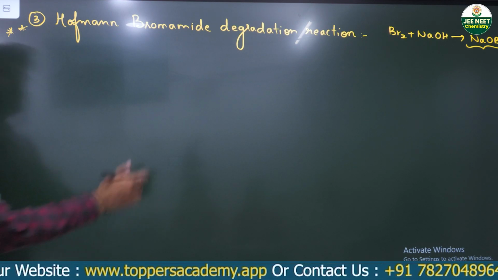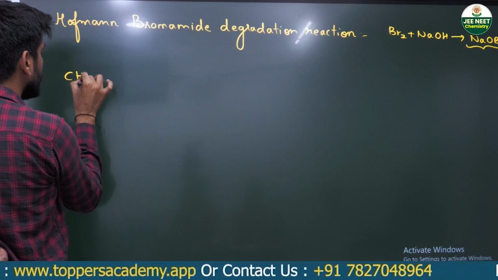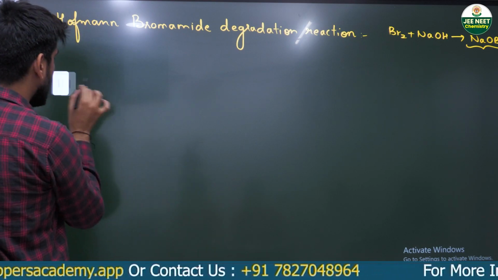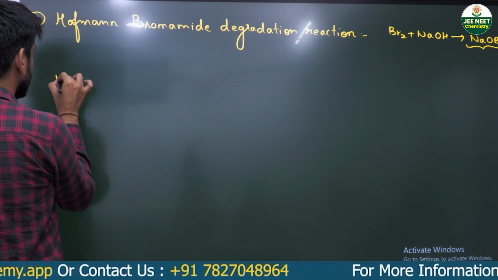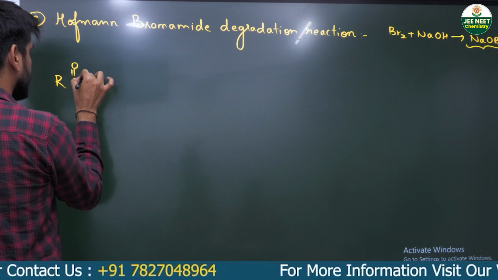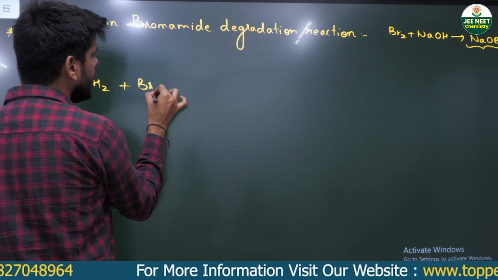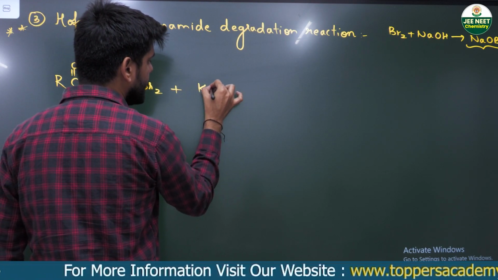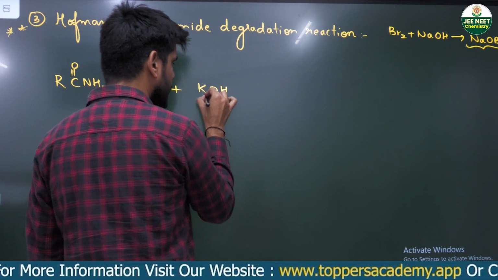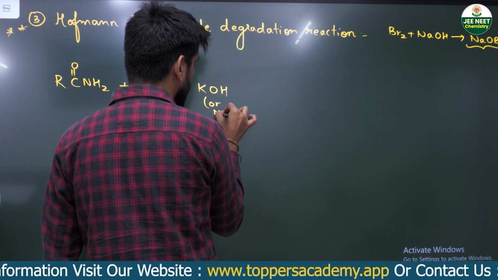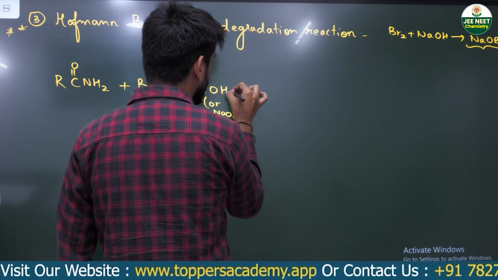Look here. Suppose I have an amide like this, reacting it with bromine in the presence of strong bases like KOH or NaOH. Can use NaOH. What do you get?